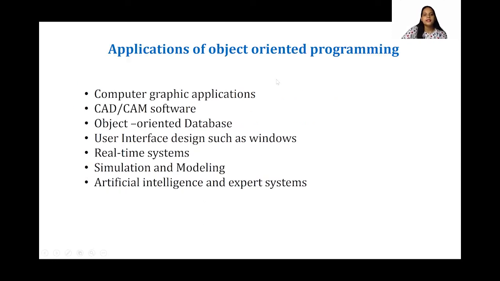Right. Next, let us see the applications, as in where we use this object-oriented programming concept. Computer graphic applications use object-oriented programming. Though we are learning C++, this need not be only about C++. Even Java is object-oriented programming, and we have a lot of other languages, right?